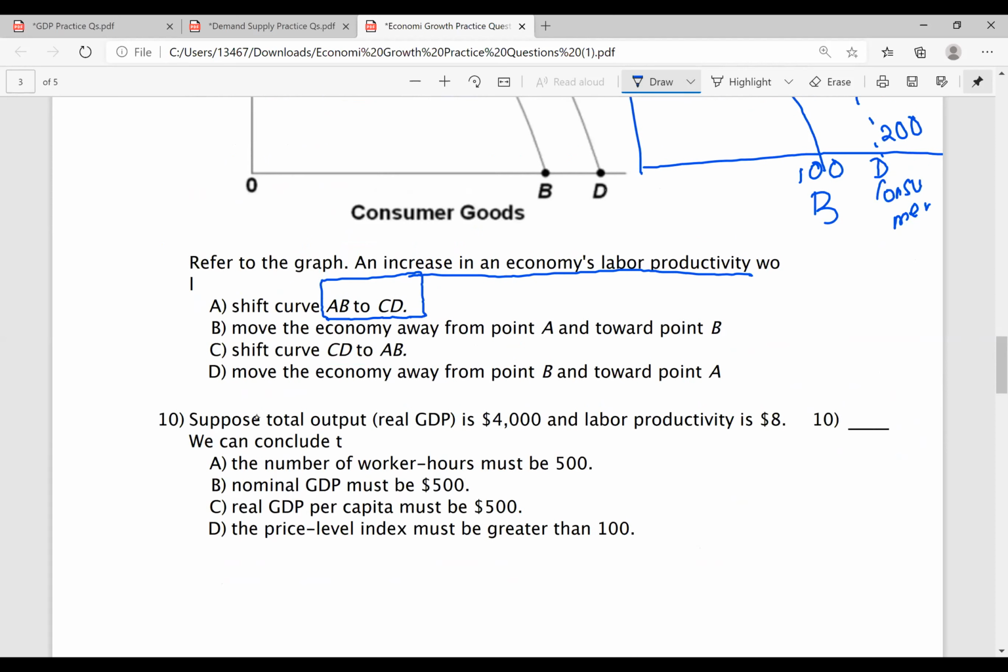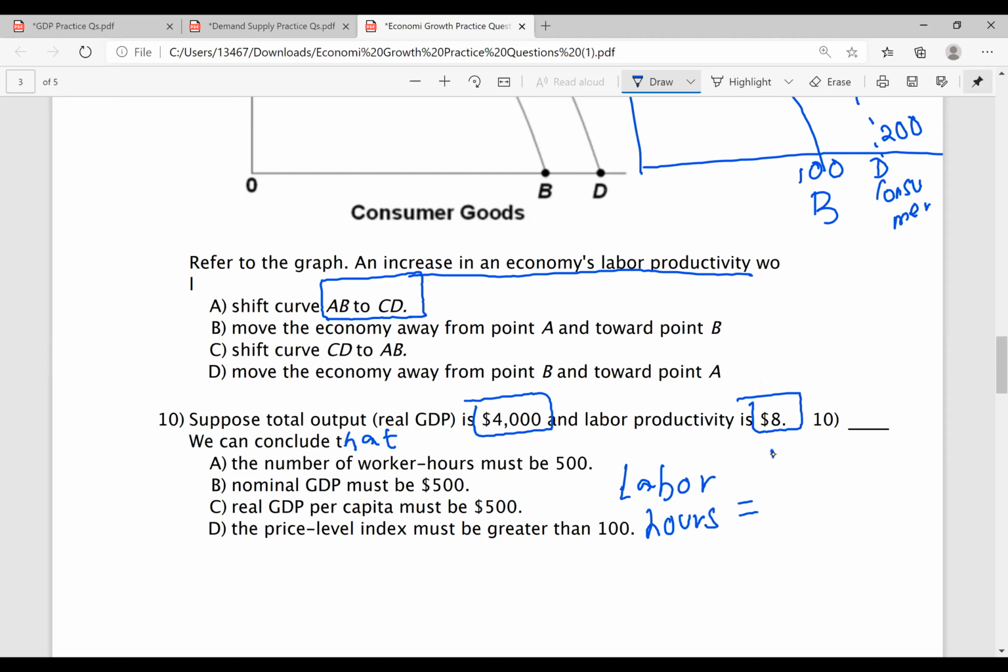Now take a look at question number 10 here. We have a formula for question number 10. It says the real GDP is 4,000, labor productivity is 8, and I need to find out what the labor hours are.